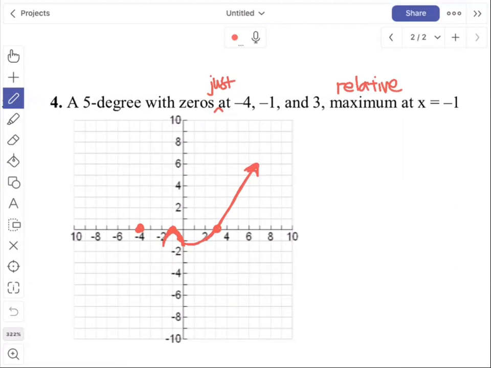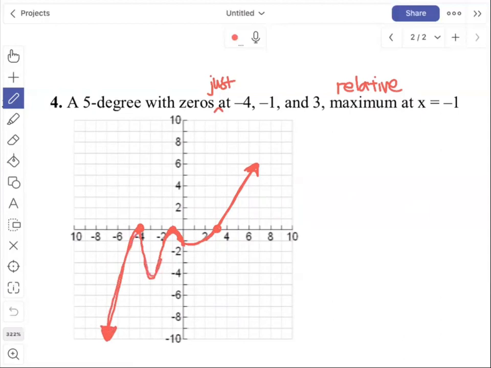Now I can't just do this because that's an even degree, so that doesn't work. So I'm going to need to be a little creative and let me make a relative minimum and a maximum and go down to make sure that I have an odd degree function.